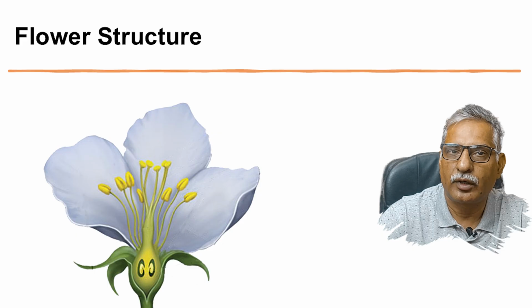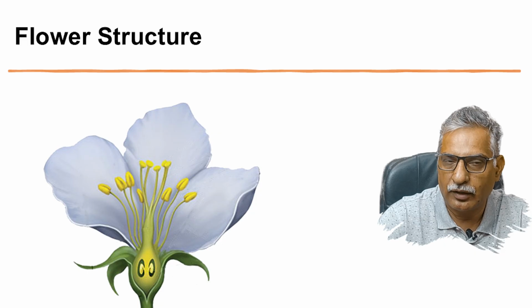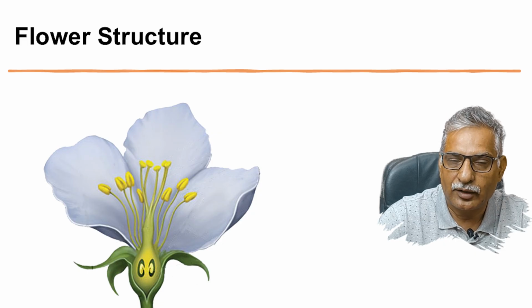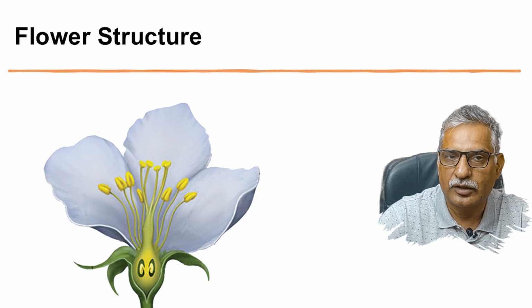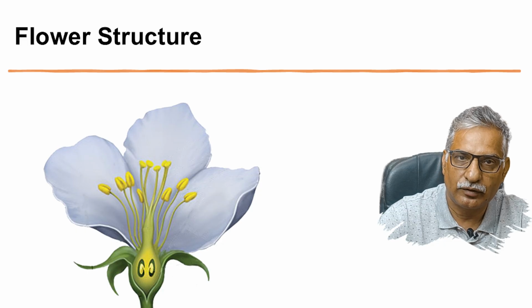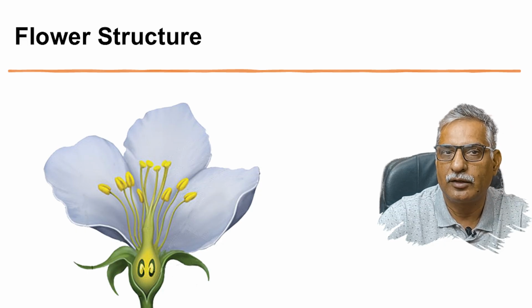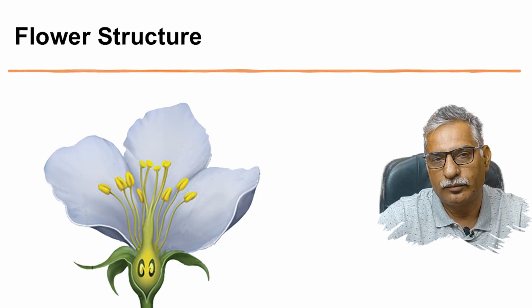These are protective in structure and are known as sepals. The most important component of the flower is the ovary, and that is settled right on top of the base of the flower. So in order to protect it, we have sepals circling all around the base of the flower. Then we have colorful petals circling the inside of the flower.